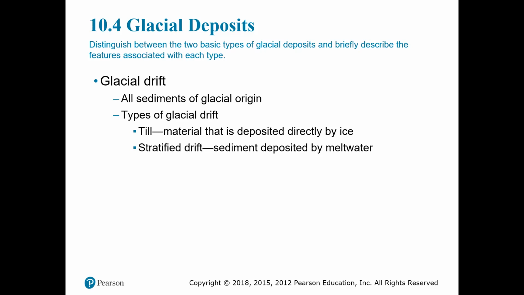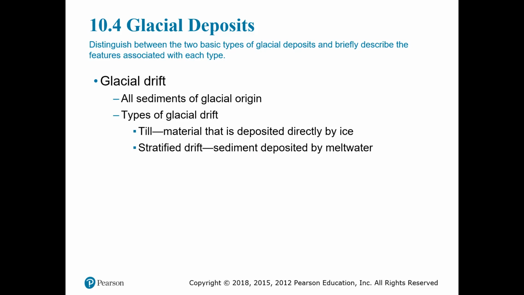So when the glacier picks up and transports rock, when it advances and the ice melts, all of those materials are going to be deposited. And of course, they play a role in forming the landscape. So we call this glacial drift.